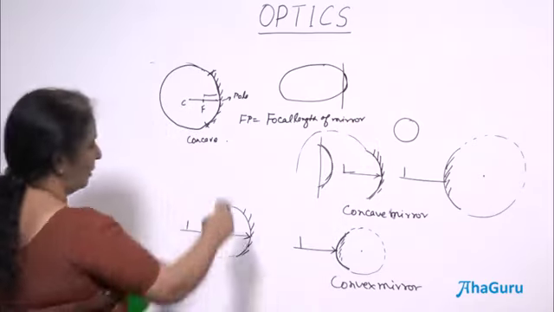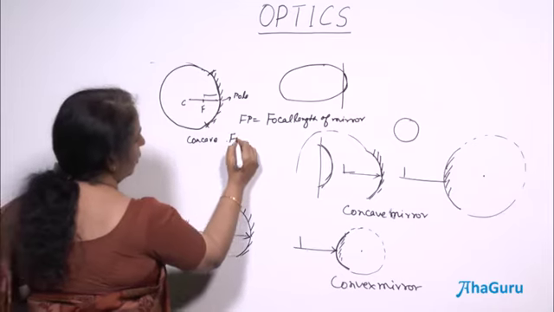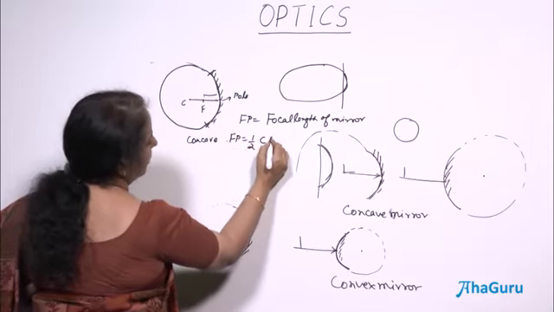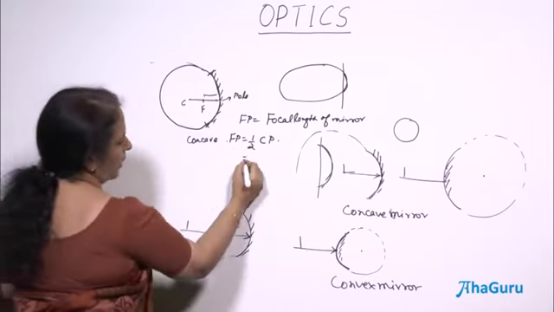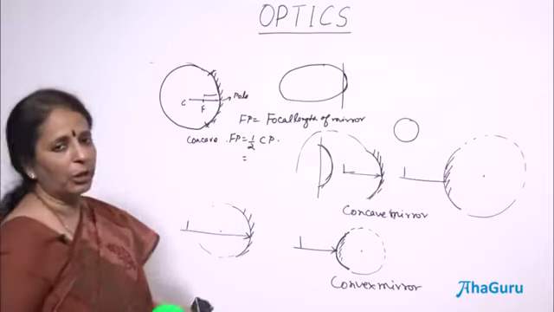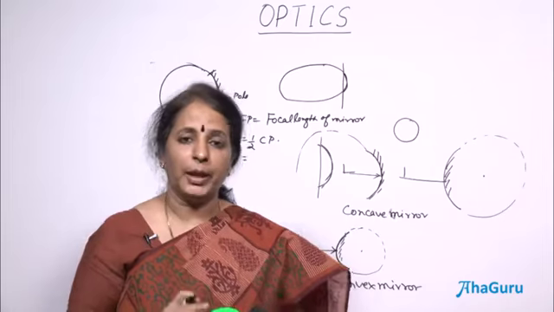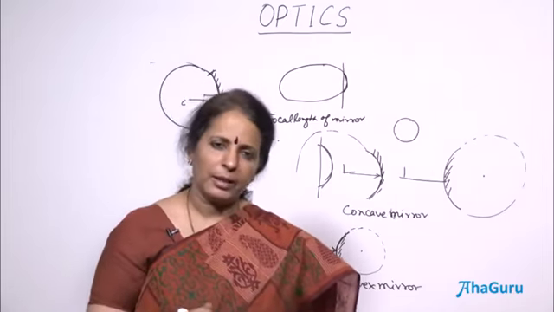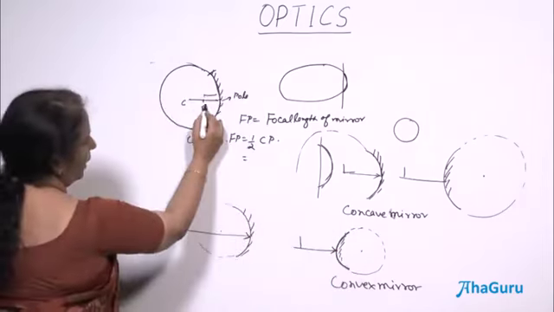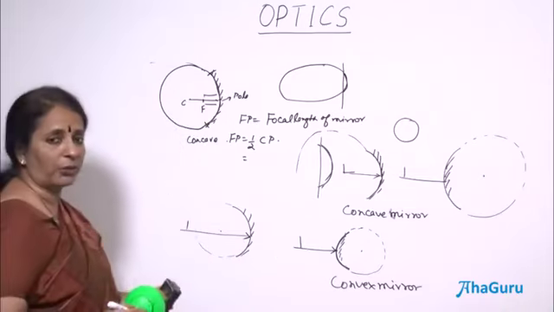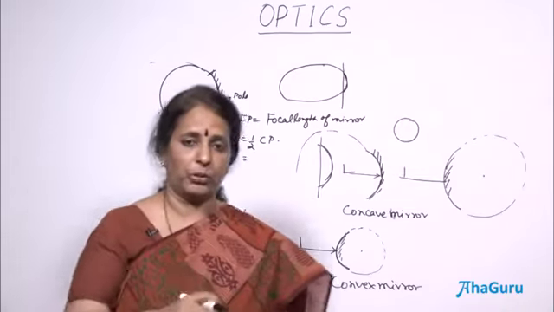What does that mean? FP is half of CP. Suppose I say the focal length of this particular mirror is 20 centimeters. What does that mean? This distance is 20, that makes the radius of curvature 40, double of 20 is 40.